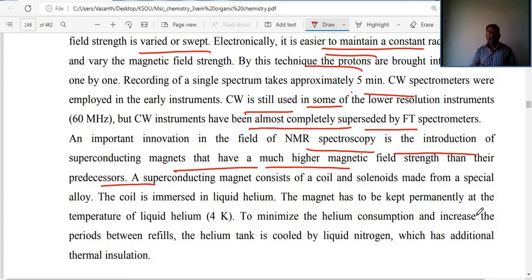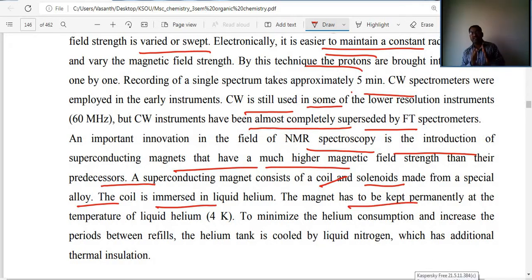A superconducting magnet consists of a coil or solenoid made from a special alloy. The coil is immersed in liquid helium. The magnet has to be kept permanently at the temperature of liquid helium.